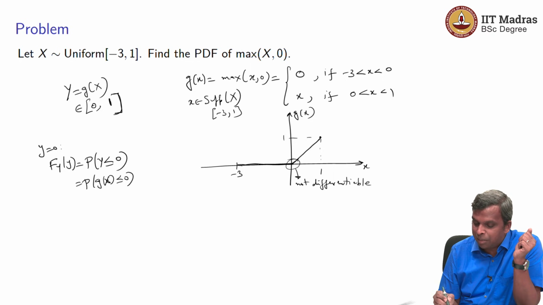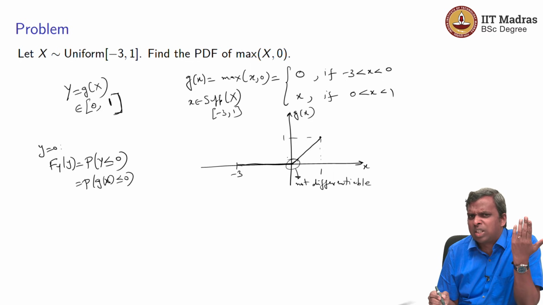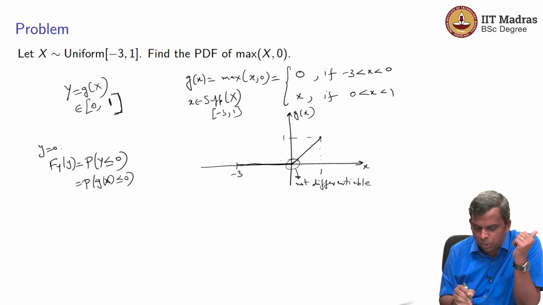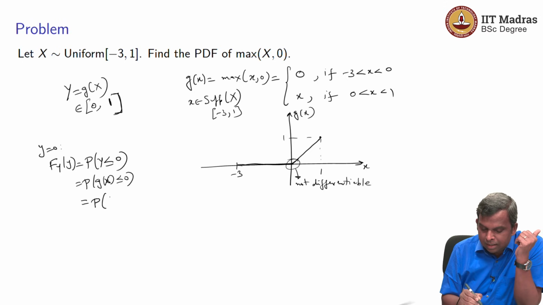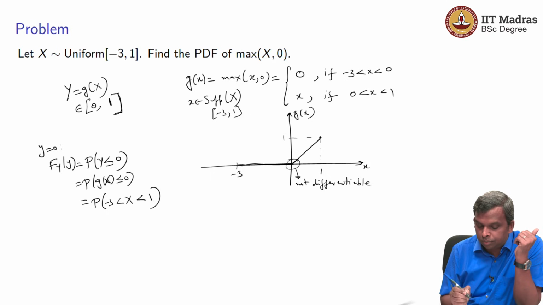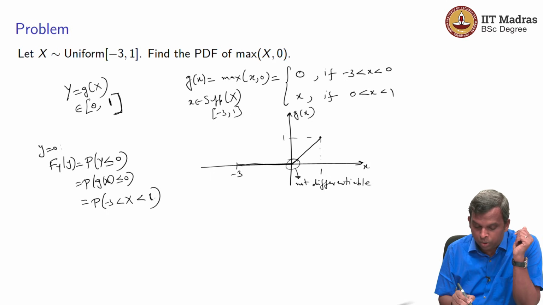This is the same as g of x less than or equal to 0. It never goes negative, right? It's always equal to 0. So this is the same as x lying between -3 and 0. Do you agree?